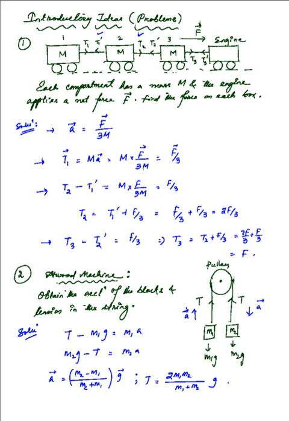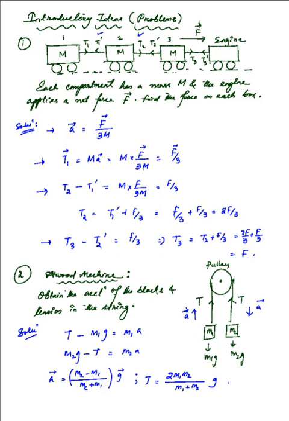Now the forces that we can consider: I have marked those boxes 1, 2 and 3 as you can see in the figure, and the first one is being dragged by an inextensible string.